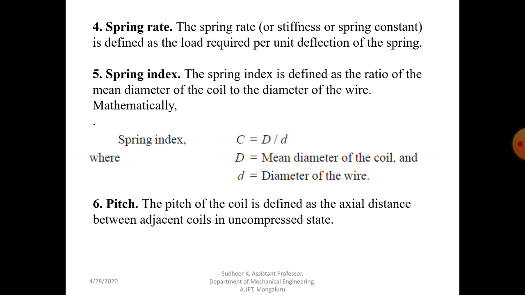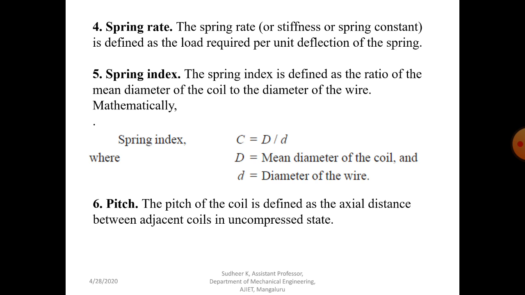In order to avoid this, usually we have to use a higher index. But if you use too high a value, that is also a problem, as buckling of the spring takes place. In order to avoid that, the value for design purposes lies between 4 to 12.